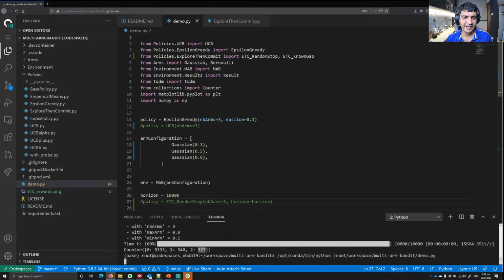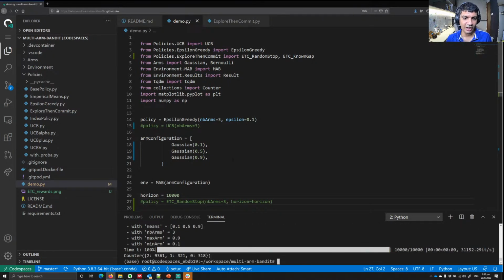So a lot of times, it depends on how you are initializing it. When I run it again, then it picked the best arm. Because of that randomness of how epsilon greedy works, there is nothing to control it, right? So it will keep on settling down on suboptimal, which is something that I shouldn't be looking at.